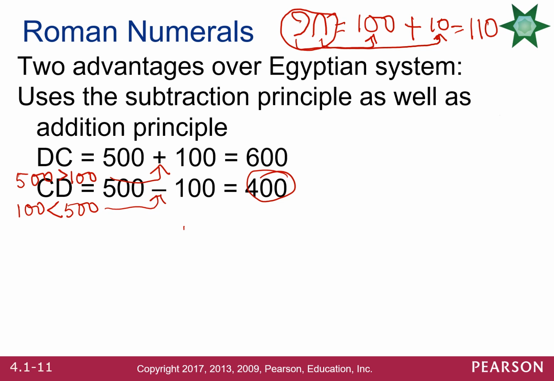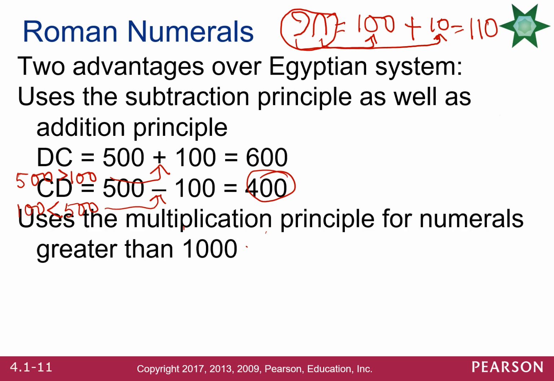Now another operation that the Roman system provides for is multiplication. I'm going to bring that up here now, just a second. The Roman system allows and uses the multiplication principle. It uses a multiplication principle for numerals greater than 1000. Remember, the highest value of a single numeral in the Roman system, M, is the one that has the highest value, that's 1000.